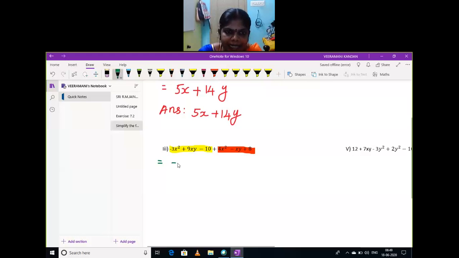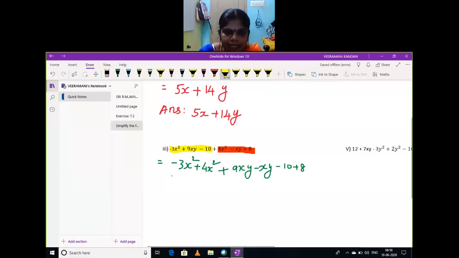grouping the like terms. Minus 3x square plus 4x square plus 9xy minus xy minus 10 plus 8.